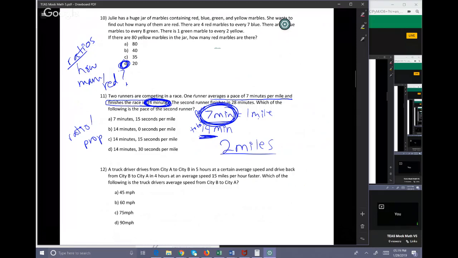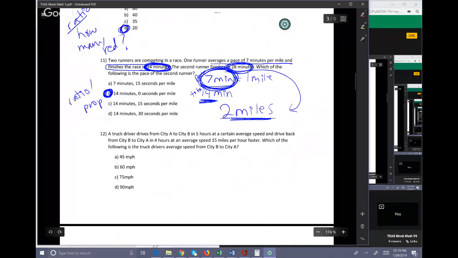We can then use the 2 miles to find out if somebody finishes the whole thing, which is 2 miles, in 28 minutes. What was their pace? Their pace would be a perfect 14 minutes per mile. That is not pretty the way that I just set that up. I actually did that in proportion, but that one was only challenging if it was challenging from the perspective of finding the pieces of info. The proportions was not the challenging part on that one.